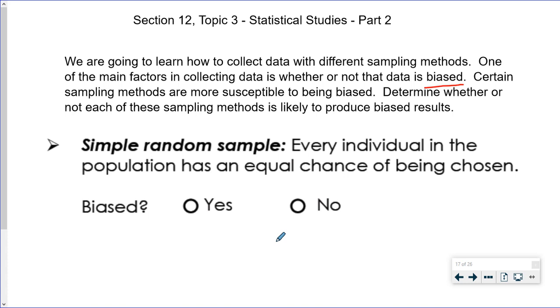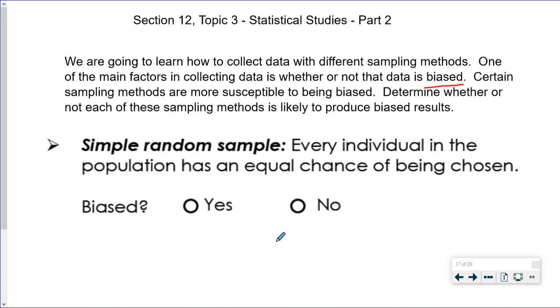The first student's number is 0001, the next is 0002, the next is 0003, all the way up to 1000, whatever number of students we have.